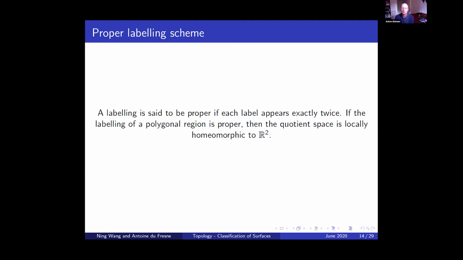It means that each point of the space has a neighborhood which is homeomorphic to an open set in R2. So this is the formal definition, but we could also give an informal definition: it just looks like R2. But this is the formal definition.